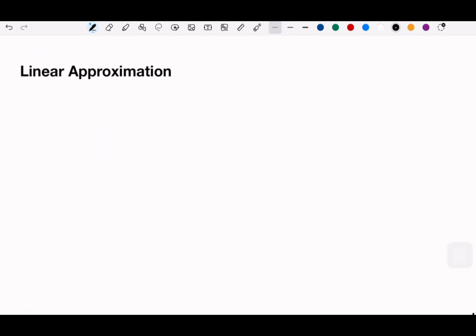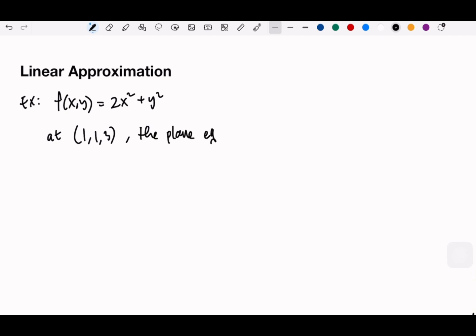Okay, so let me write here linear approximations. Suppose that for f(x, y) at (1, 1, 3), the plane equation is z equal 4x plus 2y minus 3.